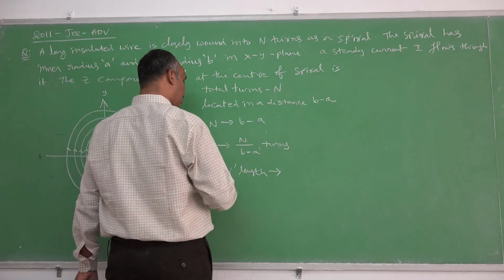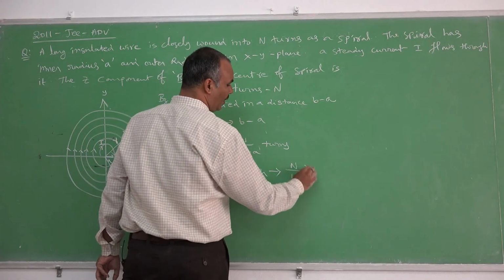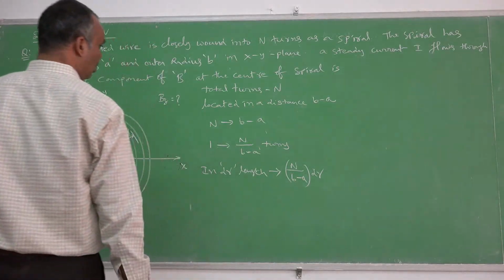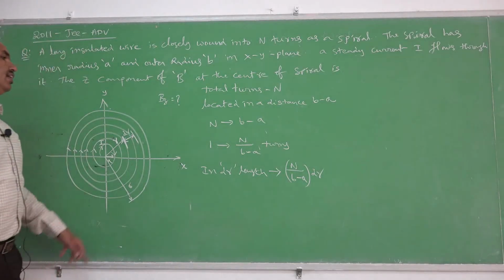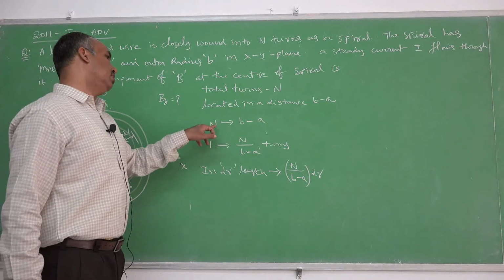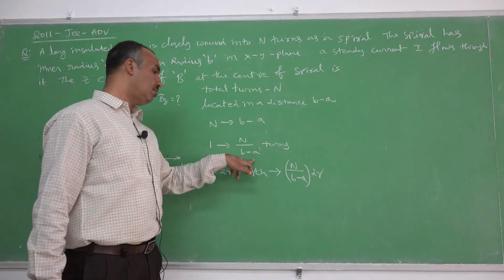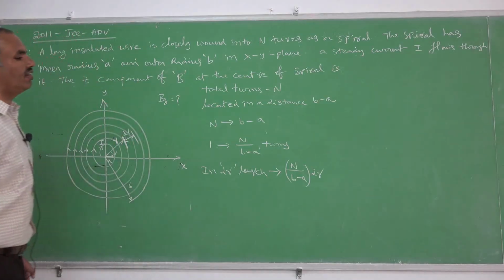Per unit length, n by b minus a. For dr length, n by b minus a into dr turns are available.